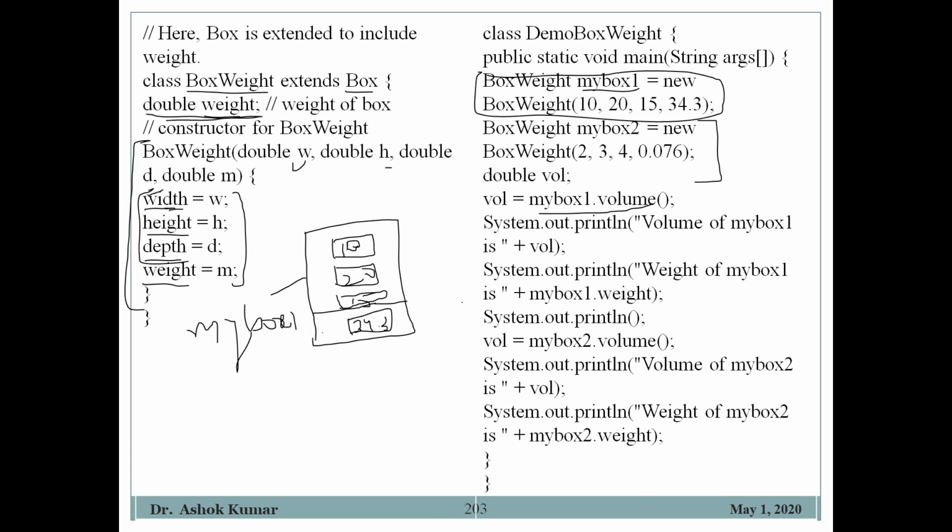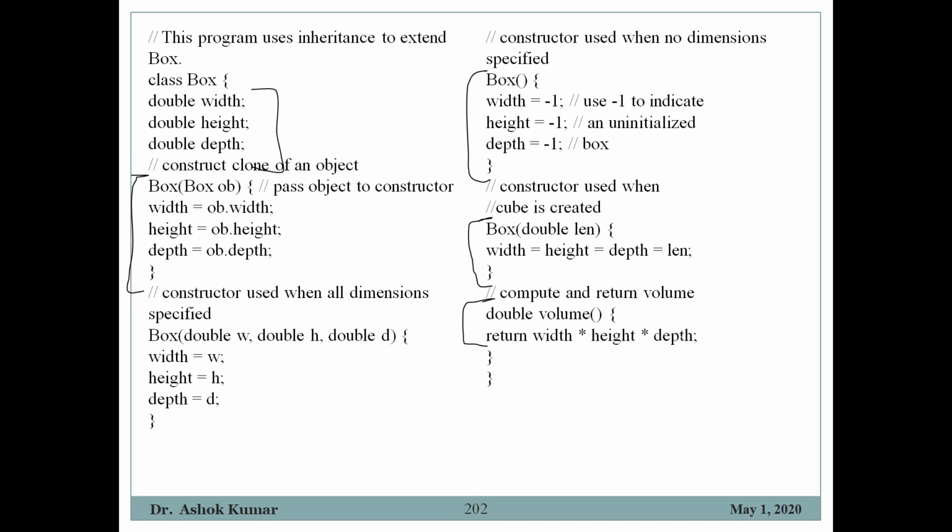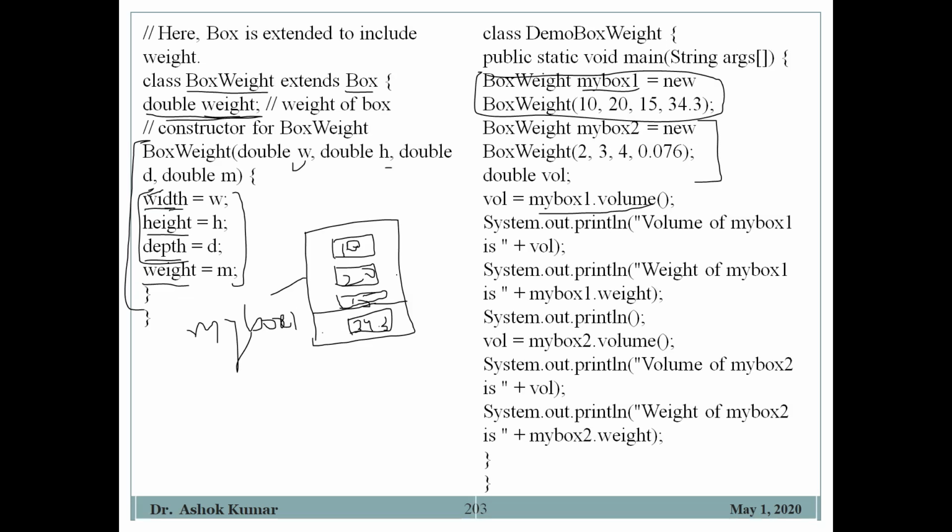This volume will return the width, height, and depth product. So you will get the product of 10, 20, and 15, and that will get stored in volume, and the next line will print the volume. And if you want to print the weight of the box, then you can use my box dot weight directly, because this is again a default member, and default access members can be accessed directly.